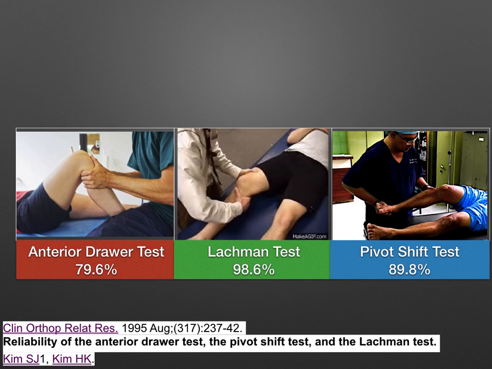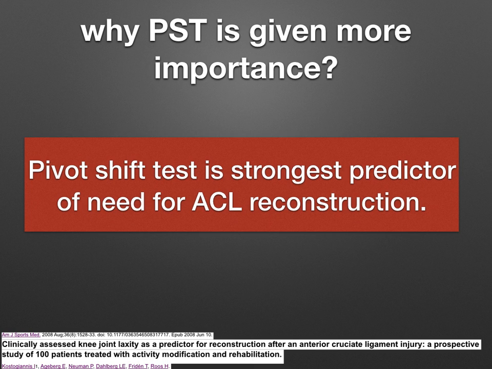But the pivot shift test, although it is less sensitive than the Lachman test, it detects the dynamic instability or the symptomatology of the patient. But still, even if it is less sensitive, it is given more importance than the Lachman test because of various reasons.